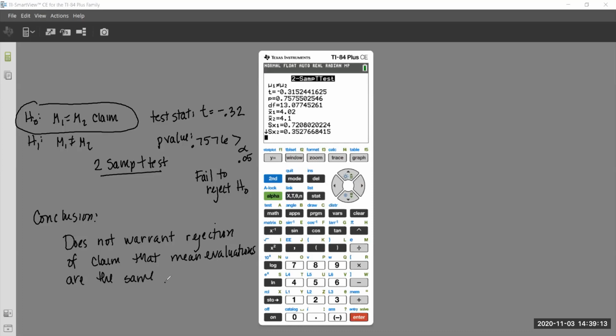And then there's a question. Does there appear to be a difference? No, we just found that there was not enough to say there was a difference. So we would say does not appear to be a difference.